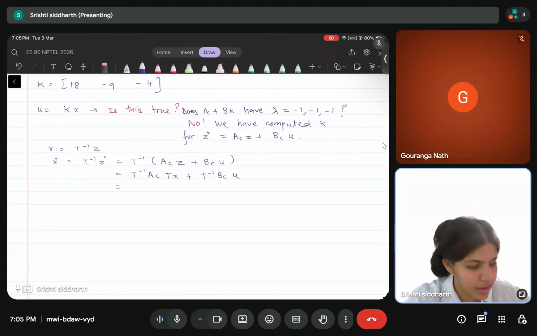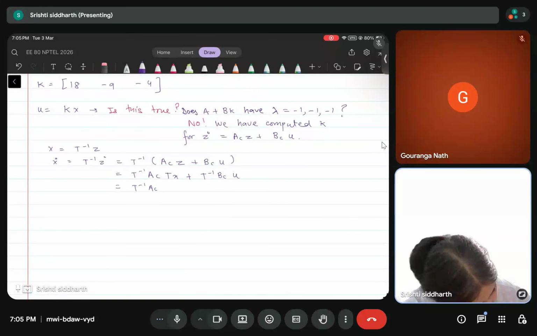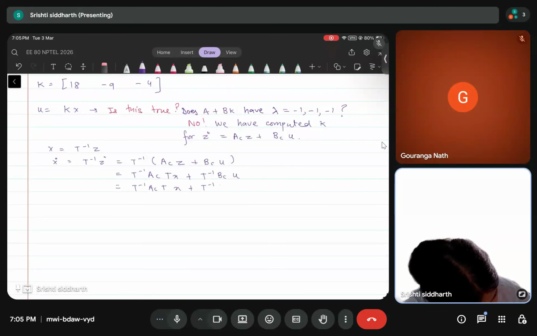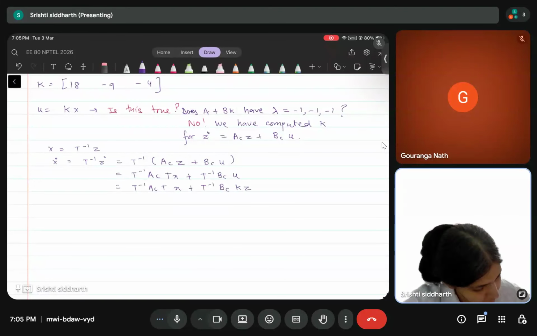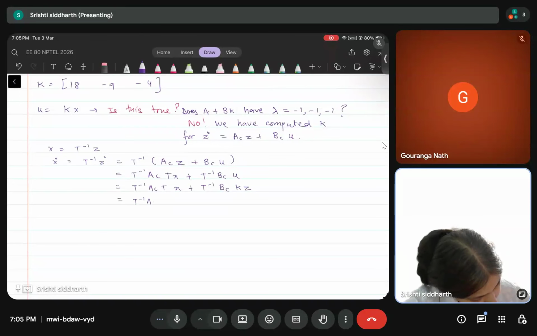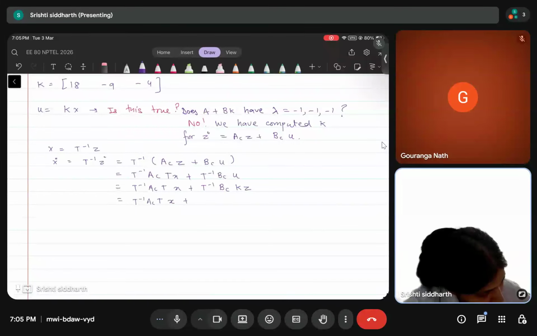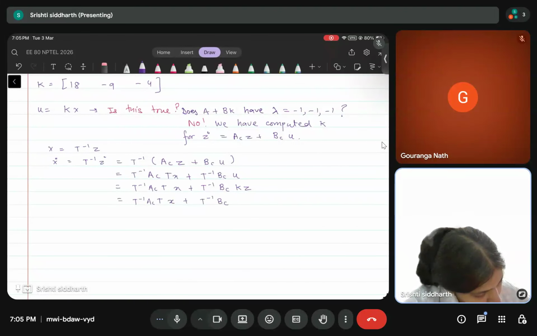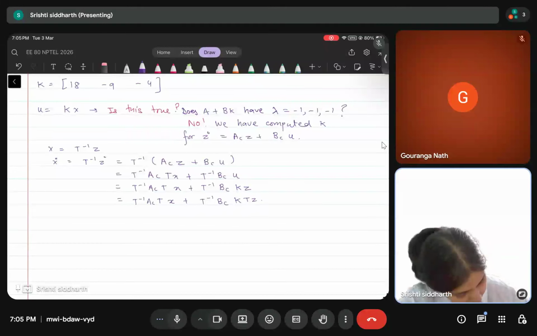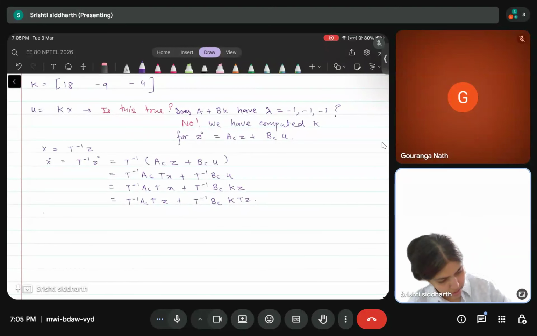We have u equals kz, right? So to just write it simply, we have u equals kz. Z can be written as T times x.